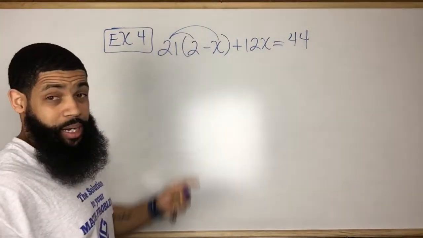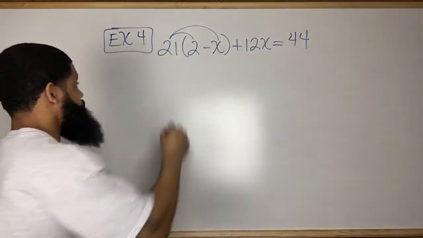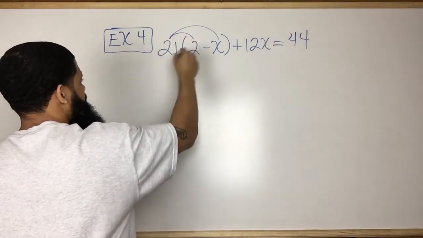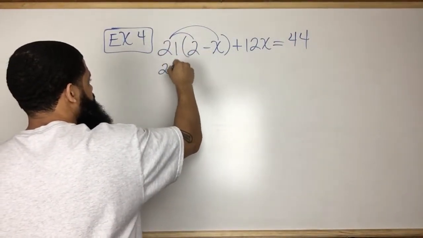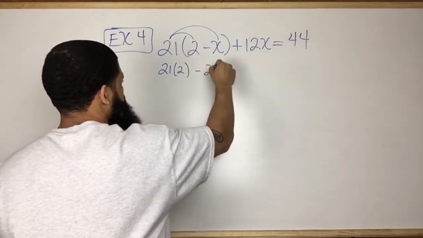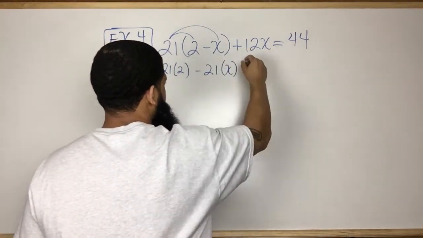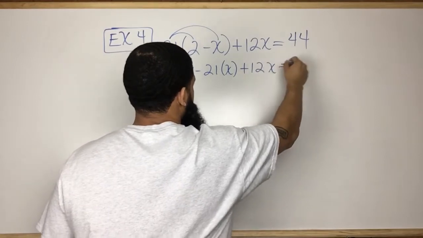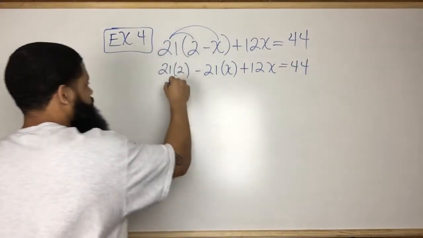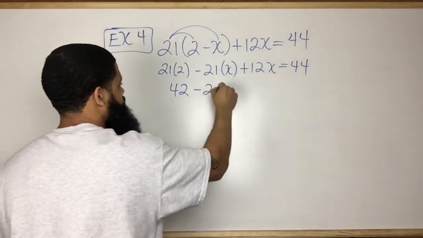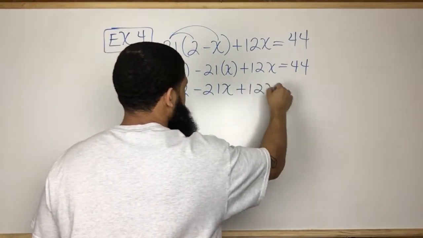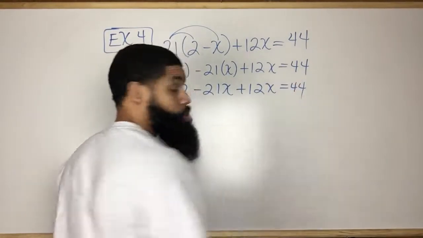If there's a plus or a minus sign between them, you do not have to. So 21 times 2 minus 21 times x, and then bring down the plus 12x equals 44. 42 minus 21x plus 12x equals 44.